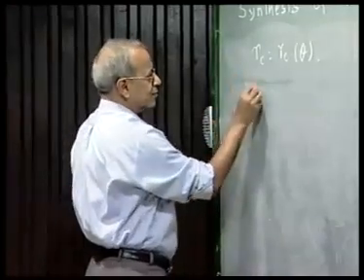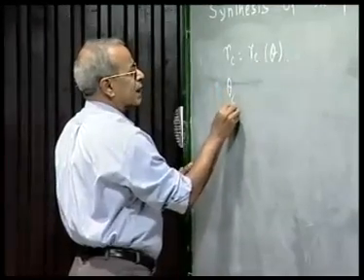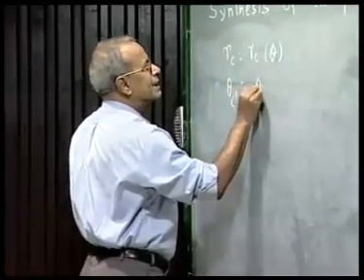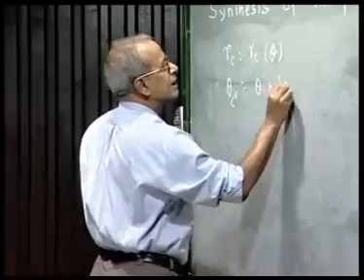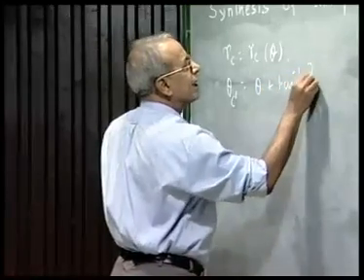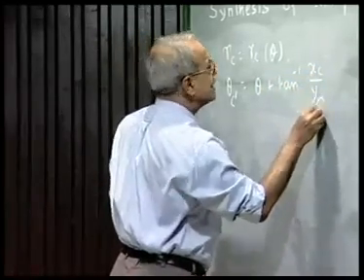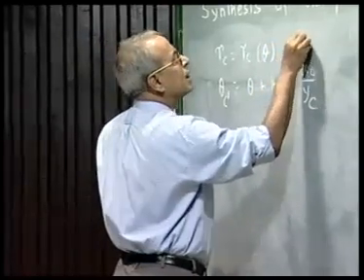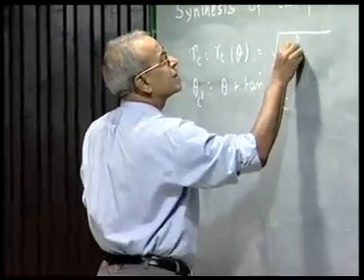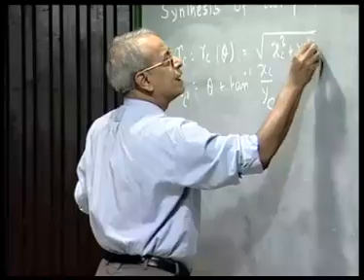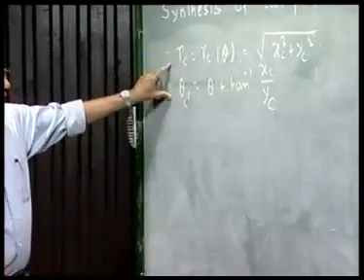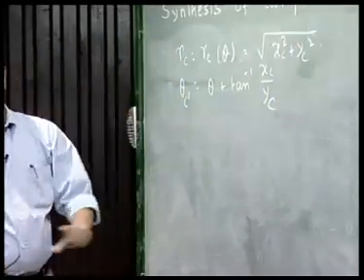Let me write one of them. I just call theta c prime, which is theta plus tan inverse xc by yc, and this Rc is nothing but square root of xc squared plus yc squared. So these two quantities I can calculate for all values of theta.